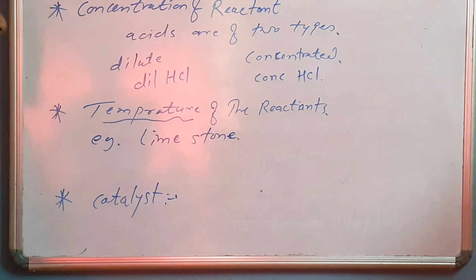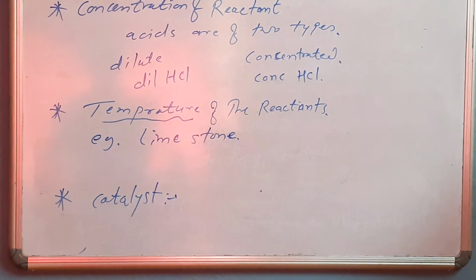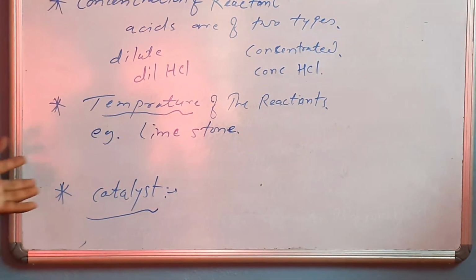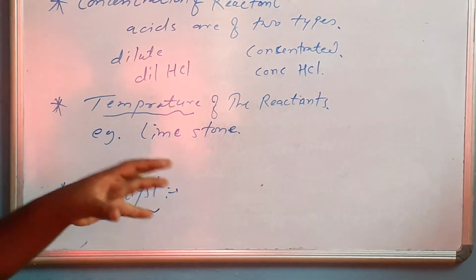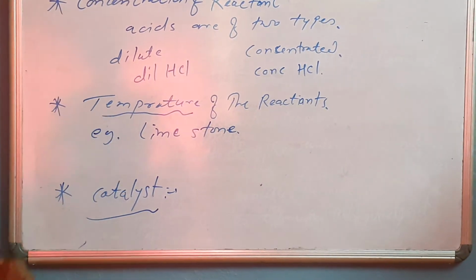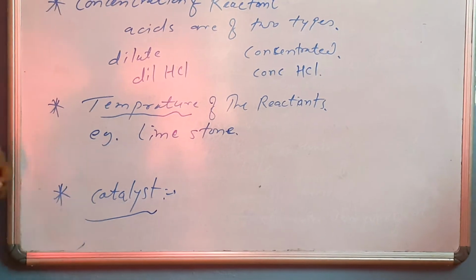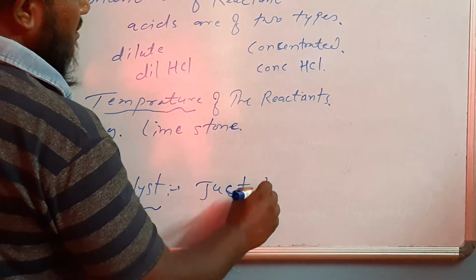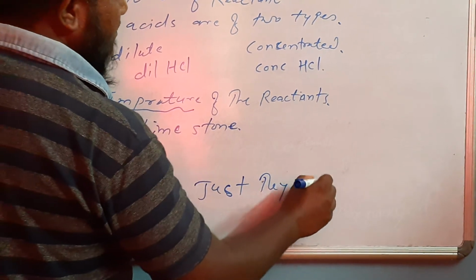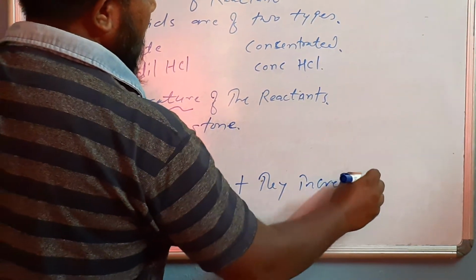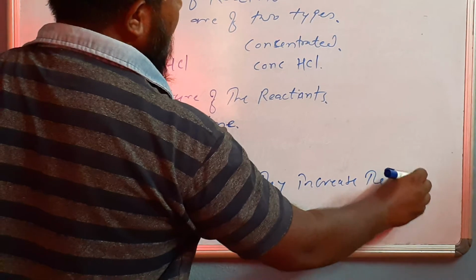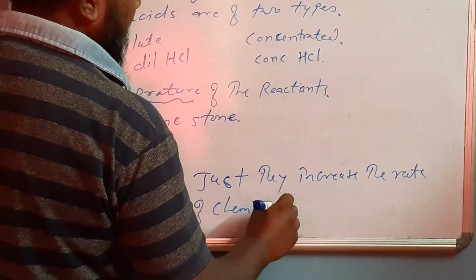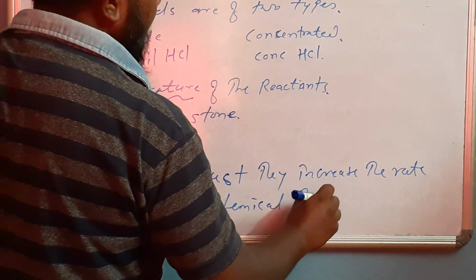Now catalysts are those substances which are present in the reaction but do not take any part in the chemical reaction. They increase the rate of chemical reaction.